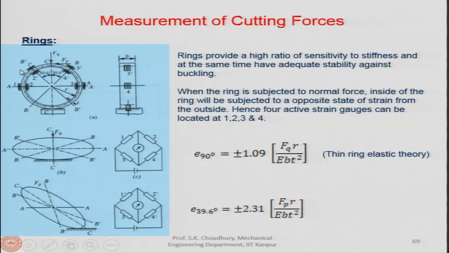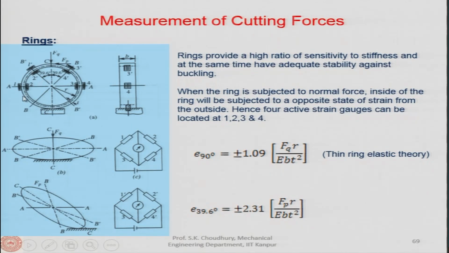So, in the ring type structure, we will have the gauges pasted on 1, 2, 3 and 4 at a 90-degree angle and at an angle of 39.6, because these are the nodes, B prime and B, where there will be maximum strain.